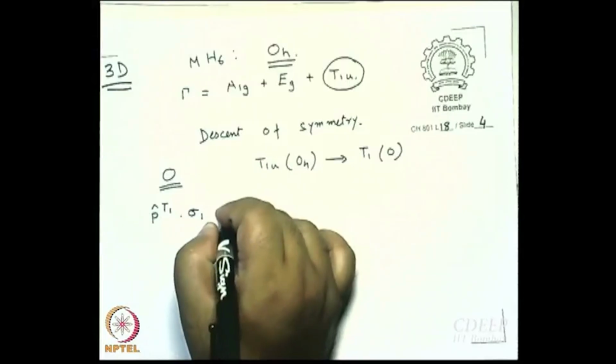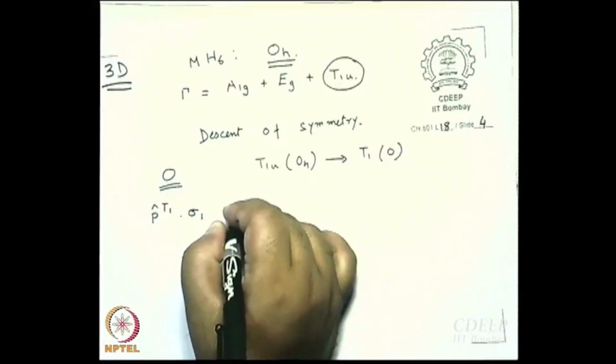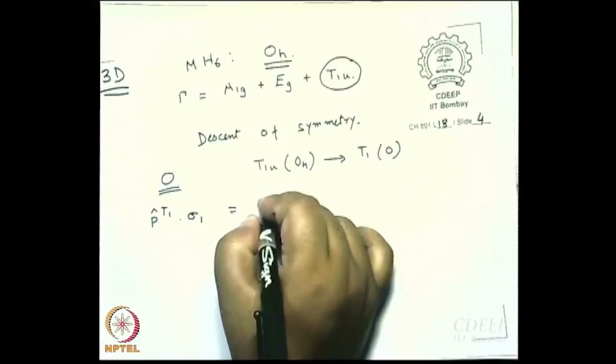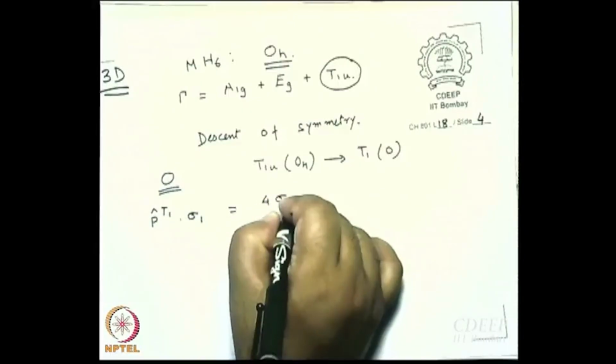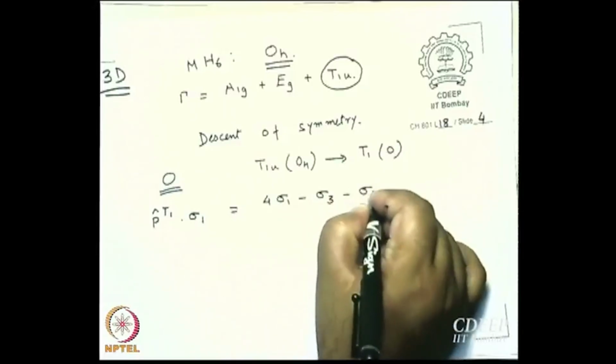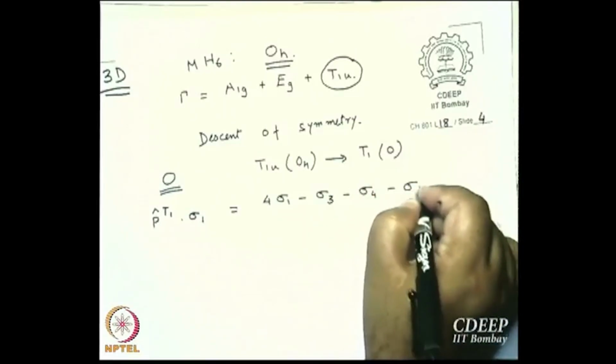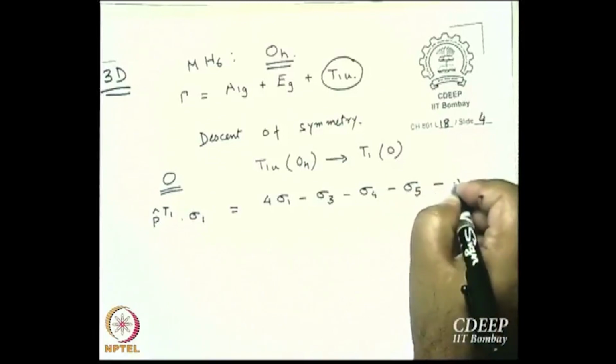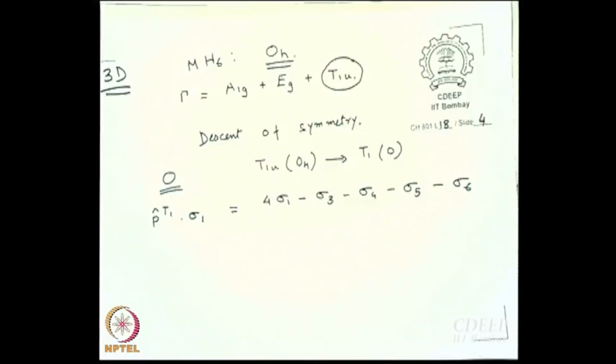When the projection operator of T1 operates on sigma 1, you get 4 sigma 1 minus sigma 3 minus sigma 4 minus sigma 5 minus sigma 6. So, that seems to be one of the SALCs. It could be one of the SALCs or it could be a linear sum of some SALCs.